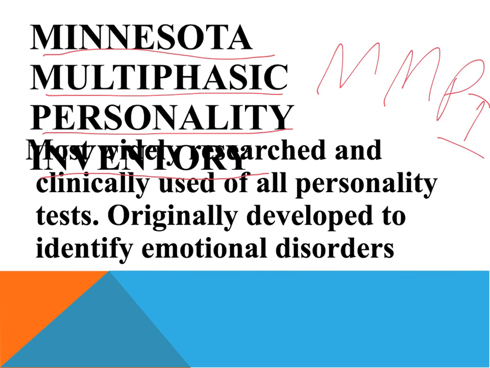But researchers started to realize it had a lot of reliability and validity as a personality inventory. And so for that reason, the MMPI is the most widely used personality inventory today, because it provides the most reliable and valid empirically derived data. That is, data that can be observed and analyzed, like quantitative data. Because it places personality characteristics into traits that can be quantified, many people or institutions around the world use it.